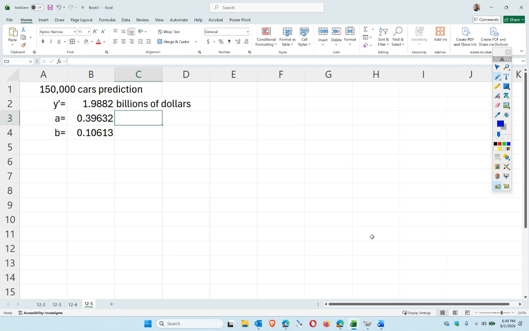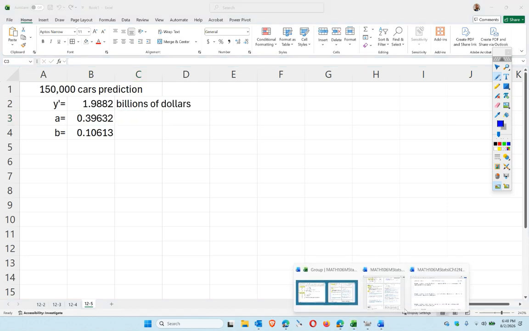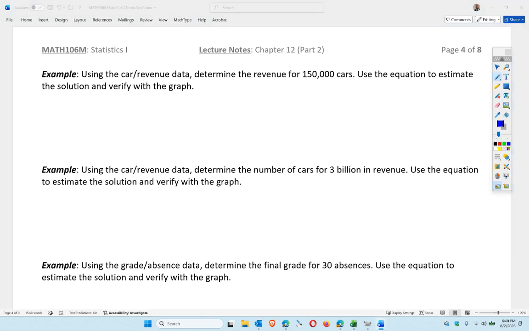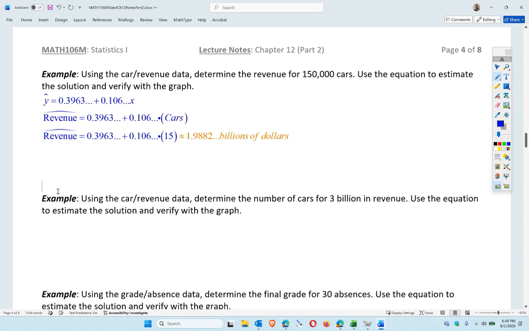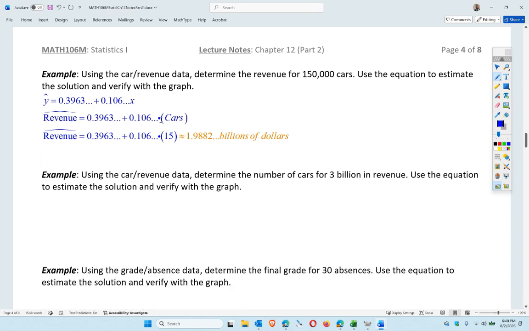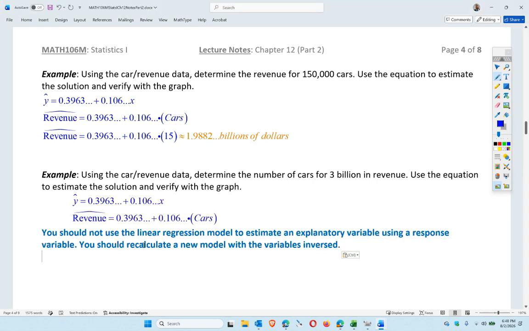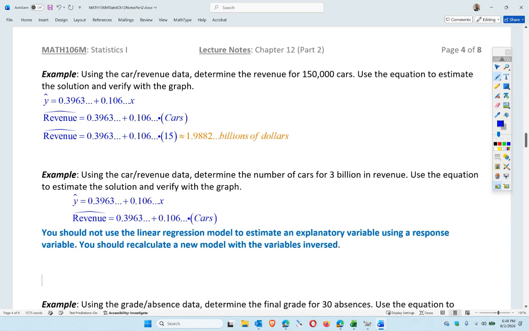Okay, so it's okay to make that because the model was valid, so you can use it to actually do the calculations. I would recommend using the variables' whole names instead of just x and y. The next problem is what if I'm going to plug in $3 billion in revenue? Well, that's a problem because the revenue is the predictor. You can do it, you'll get a close enough answer, but it's not good. You really shouldn't do it.